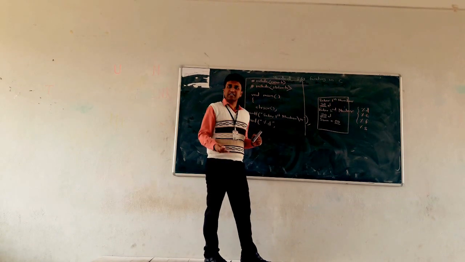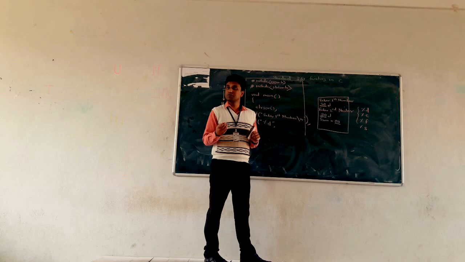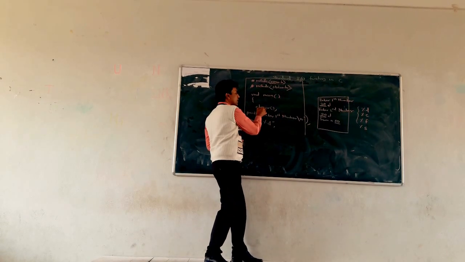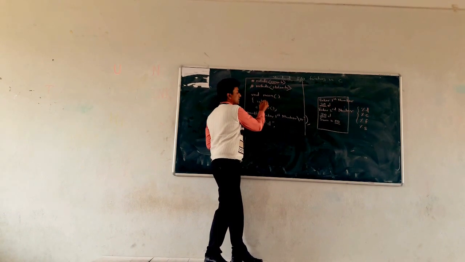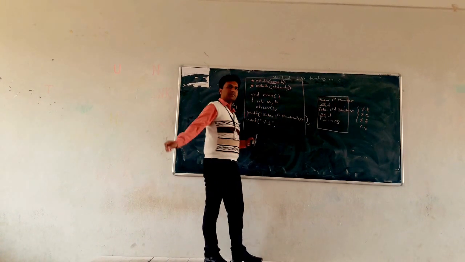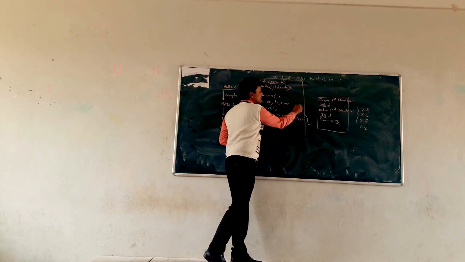Where do we want to store that number? In some variable. So declare the variables above the clear screen statement. int a for the first number, b for the second number, and sum for the sum.